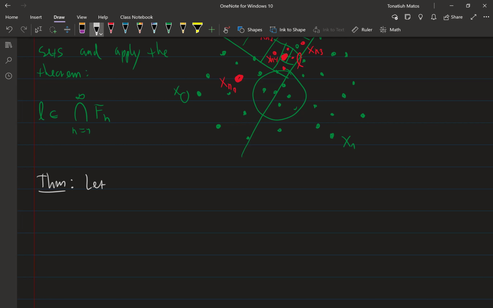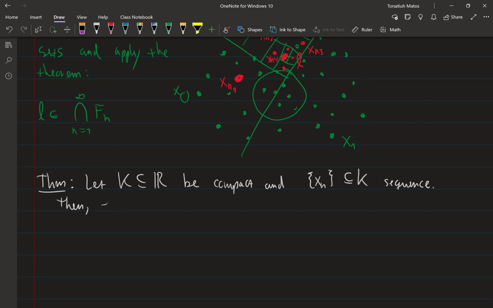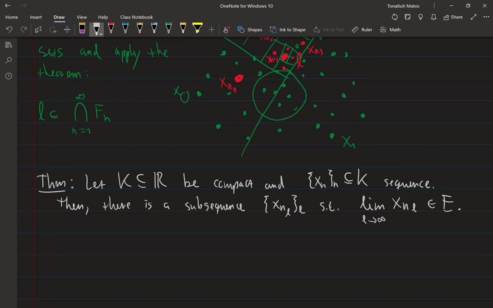So let K in R be compact. Same thing works for Rn, but the quiz is written in R, so let's just say R. Let K be compact, and Xn a sequence of real numbers inside K. Then there is a subsequence, and let's just denote it with L, such that the limit of these things is inside K. This is what we call a convergent subsequence.